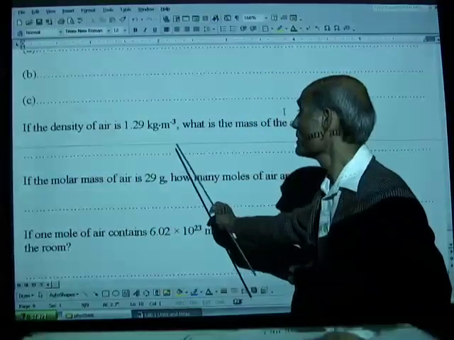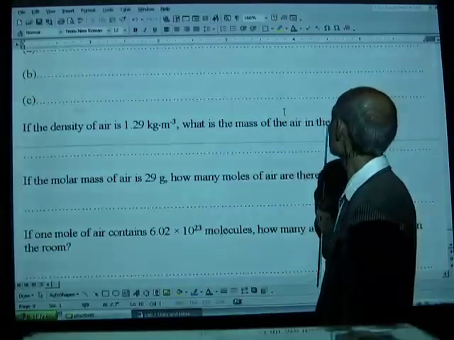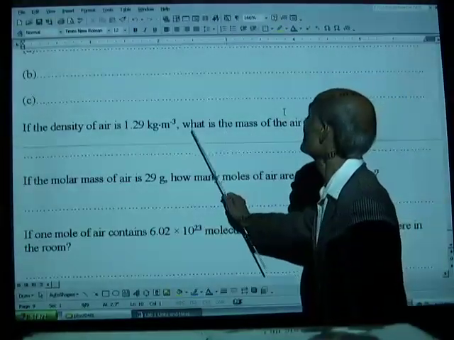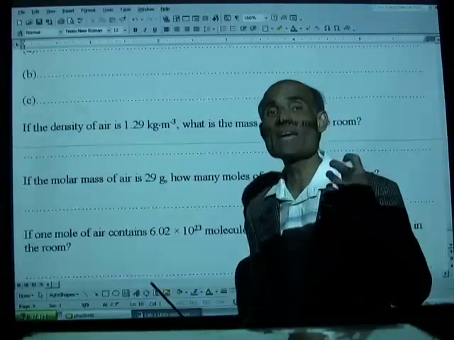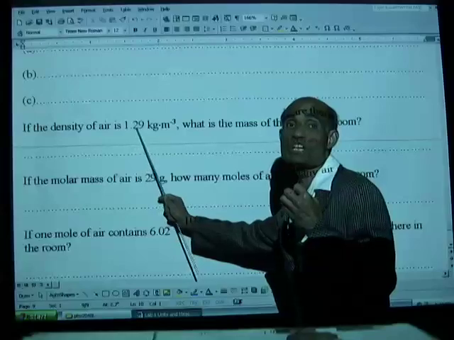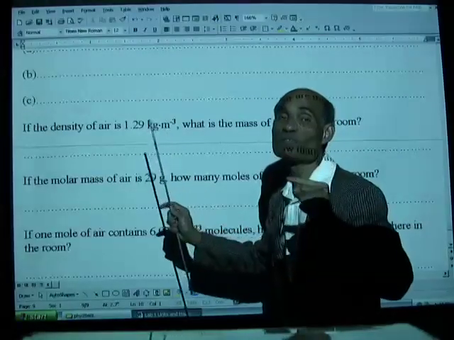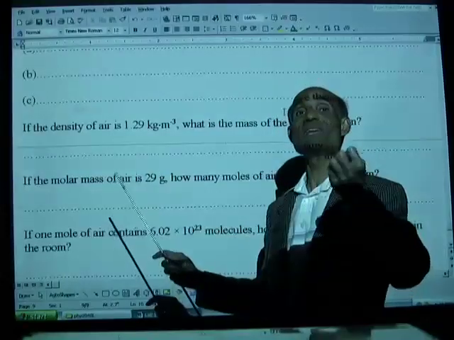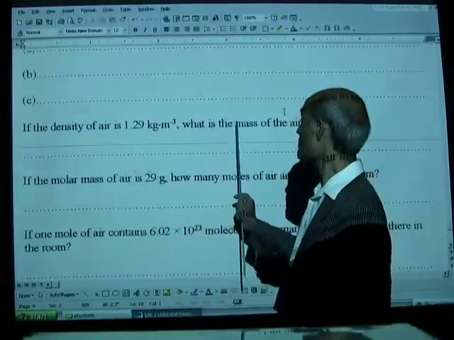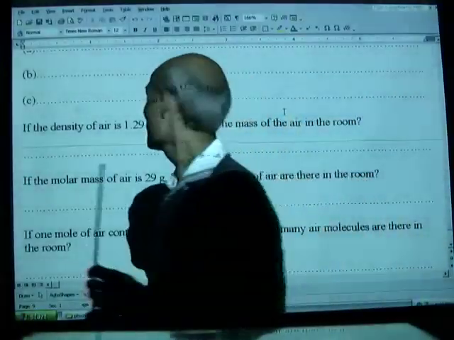Alright, obtain the mass in kilogram. That means you must use the volume in, what unit will you use? The density is kilogram per meter cube. That means the volume value you use must be in meter cube. So obtain the mass of the air in the room in kilogram.